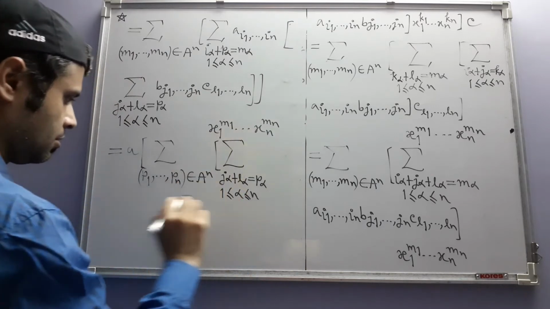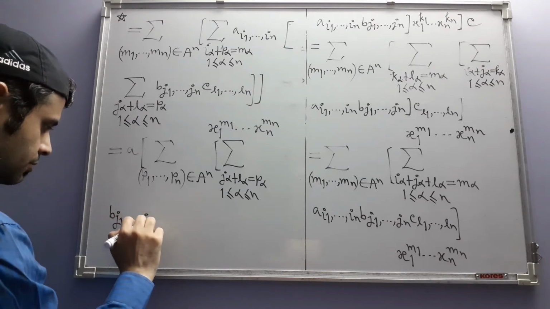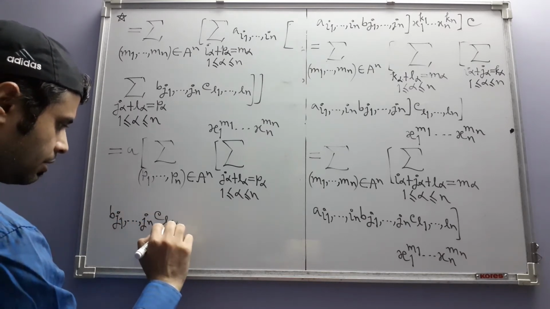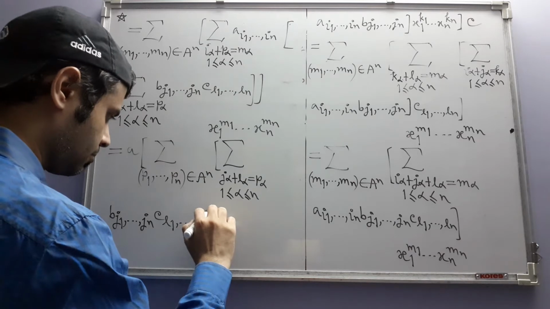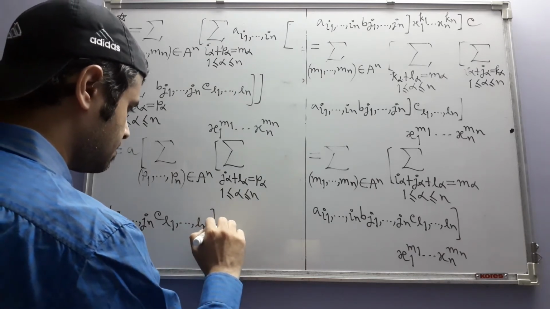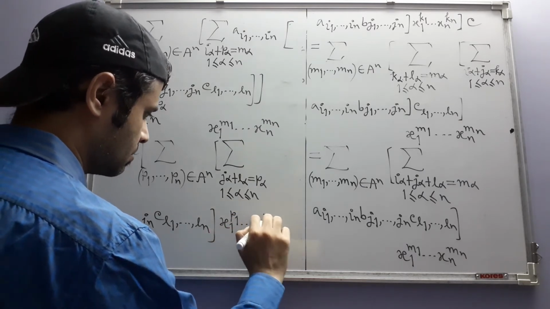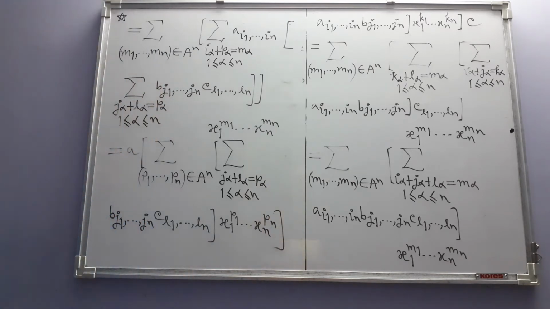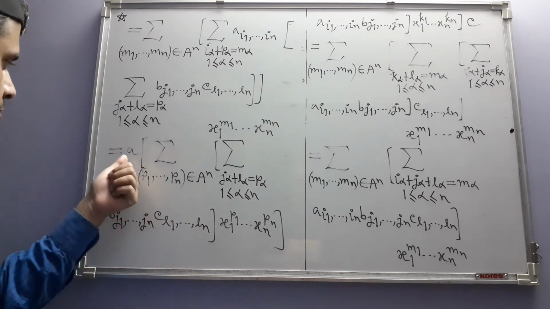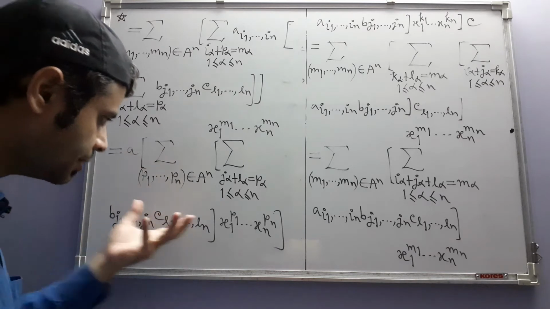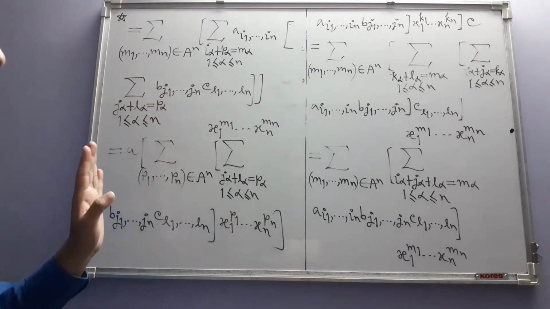Let me write it here. B J1 J2 up to Jn, C L1 L2 up to Ln, and if you go to the definition of multiplication, you multiply A with this formal sum or formal symbol, you are going to get this one.